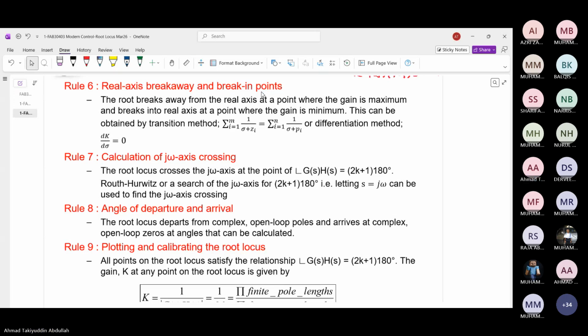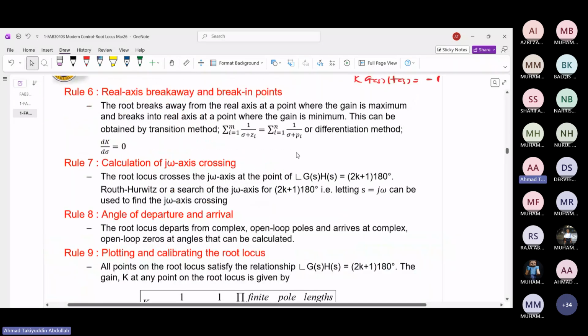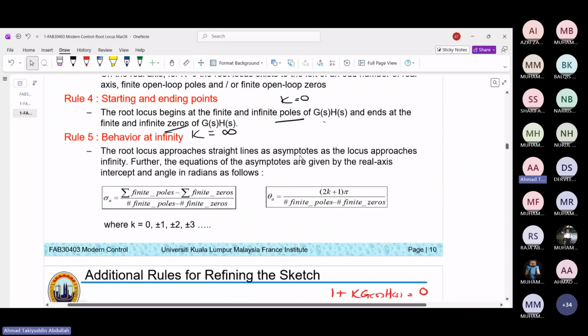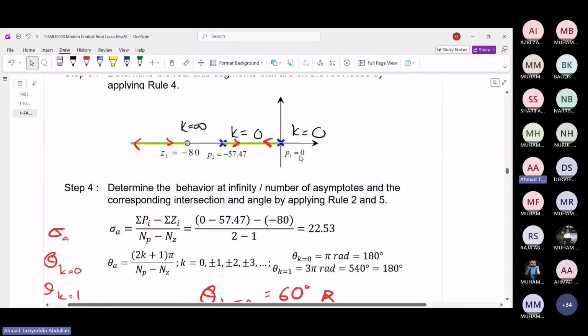And one of the other ways is by looking at the real axis segment that you have. So from this real axis segment, there must be the breakaway point as well as the break-in point.